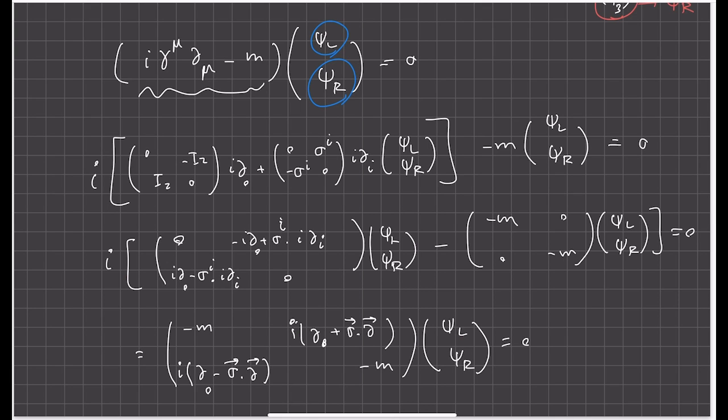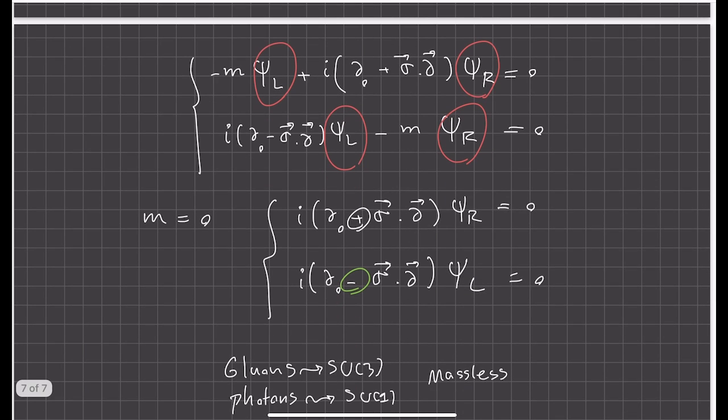Each of them is a two-component unit, and those units transform under their individual SU2, and the only thing that couples them is this mass term. So this mass term is making them interconnected, and if the mass is 0, we don't really have any connection between the right-handed and left-handed spinors, and that's how they can be separated.